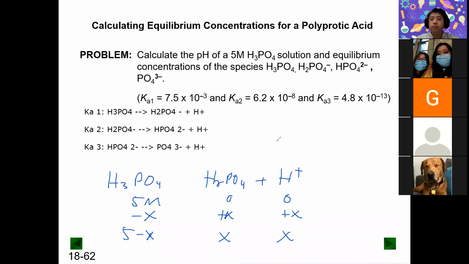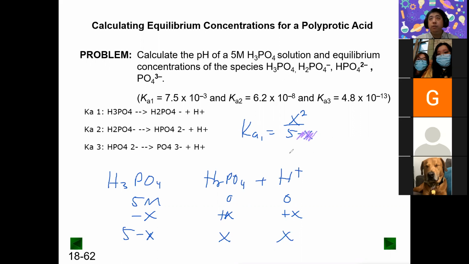With that said, I can rewrite this as Ka1 is equal to x squared over 5 minus x. And again, I can go ahead and ignore the minus x under the 5% rule, and we can move forward from there.